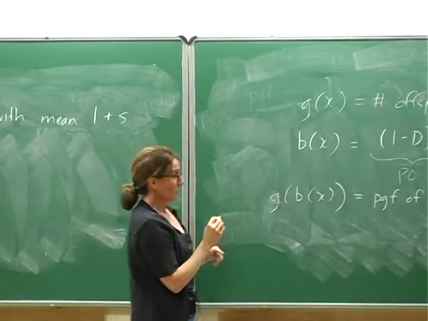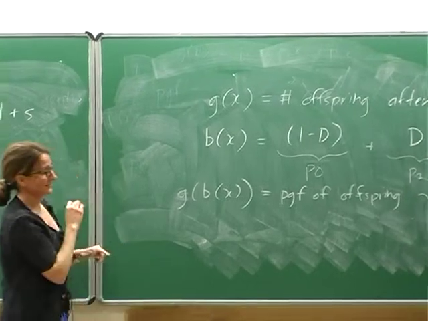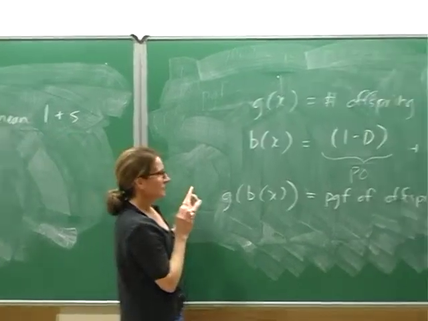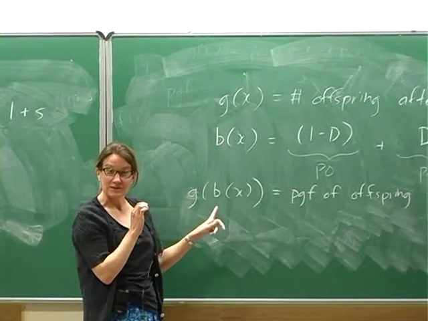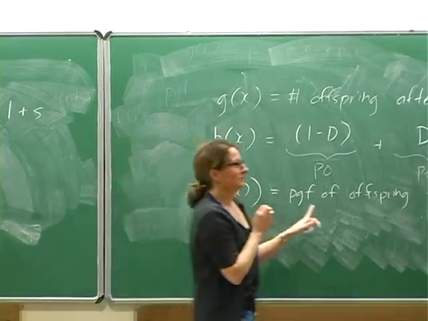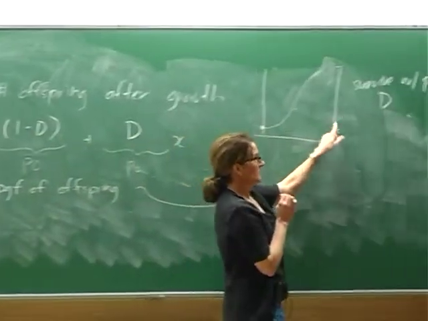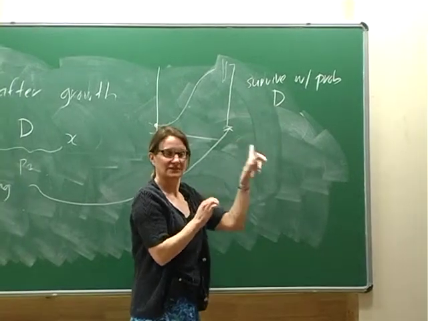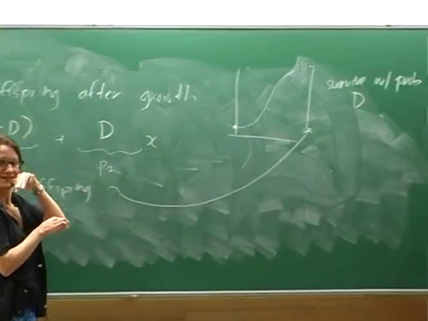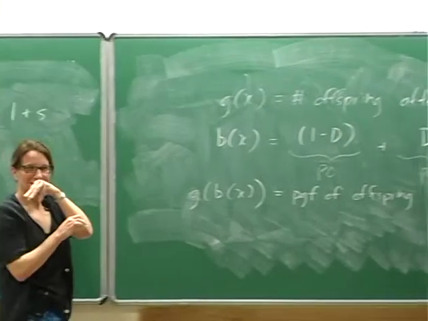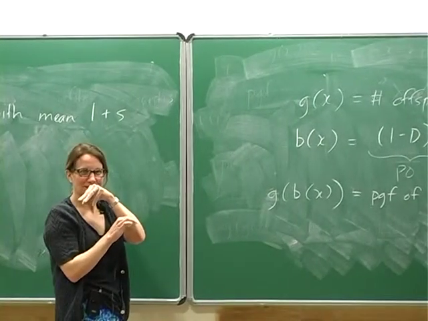Okay, so what's the probability? Is this too hard? What's the probability that ultimately, after a whole bunch of serial passaging, the lineage is extinct? That's maybe a big jump to make.